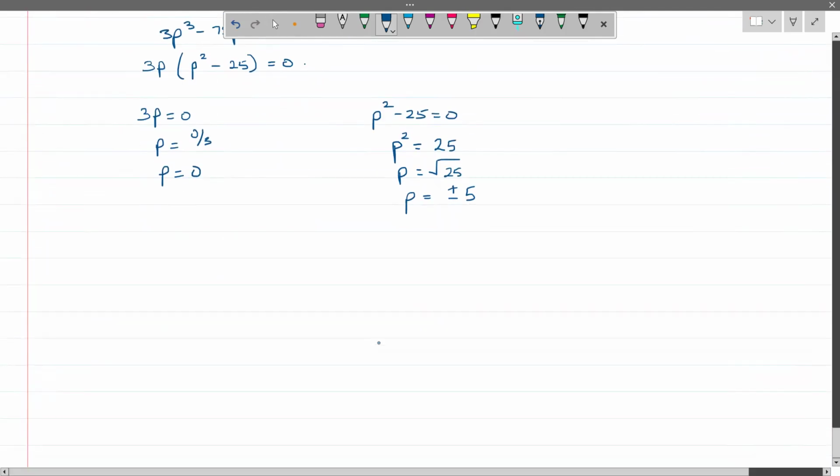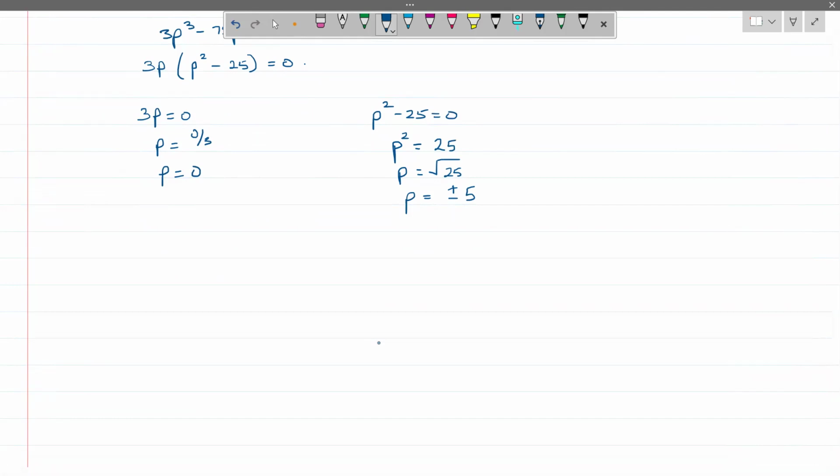Because plus 5 by plus 5 will give us 25. Minus 5 by minus 5 will give us 25. So values of P for which Z is singular would be 0, 5, and negative 5.